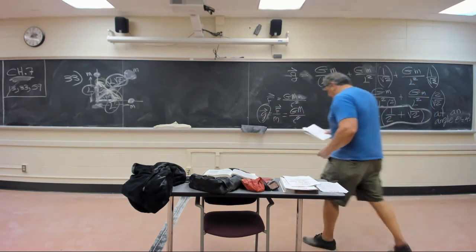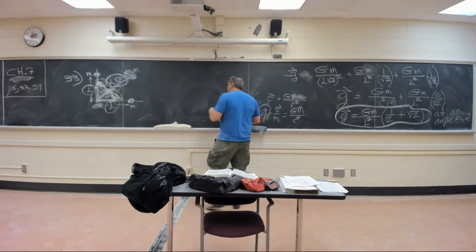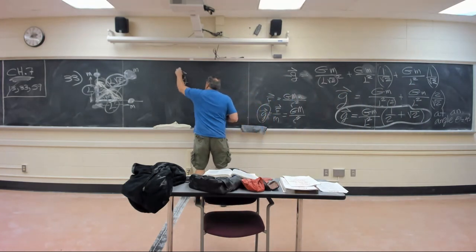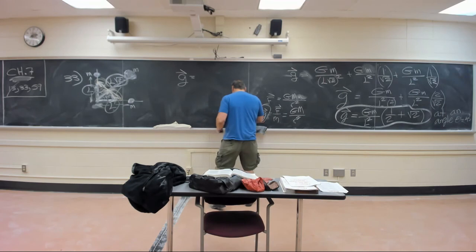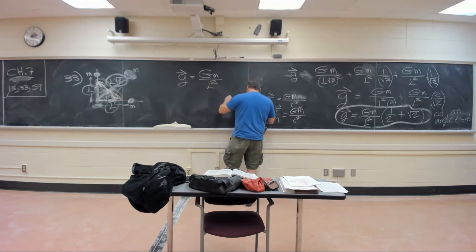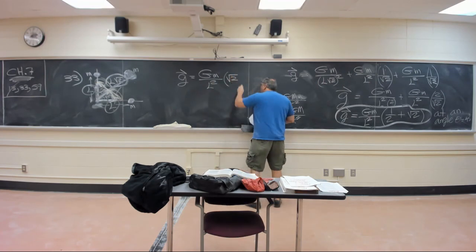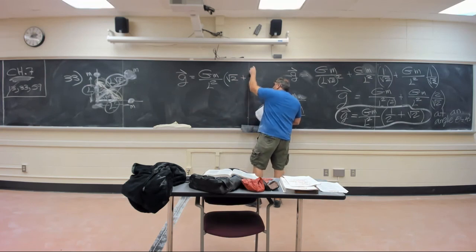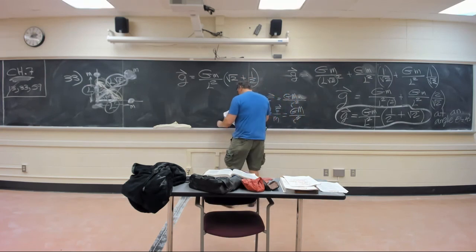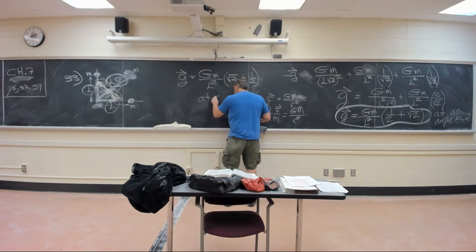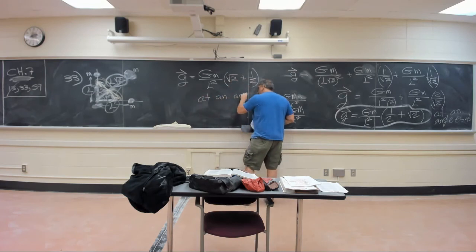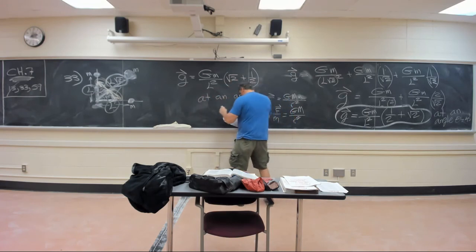So this was what it is. The resultant G field is GM over L squared. Maybe, hopefully this is easy.